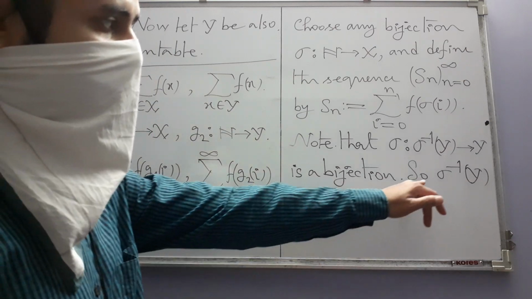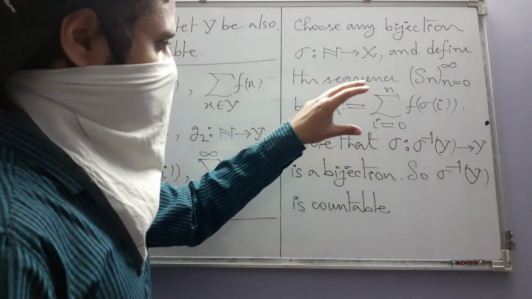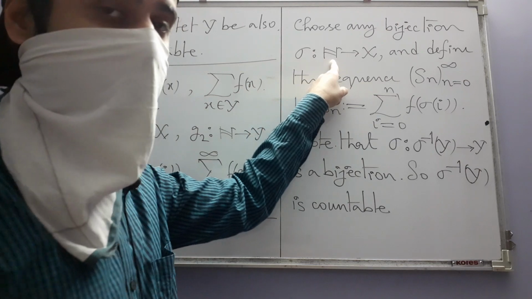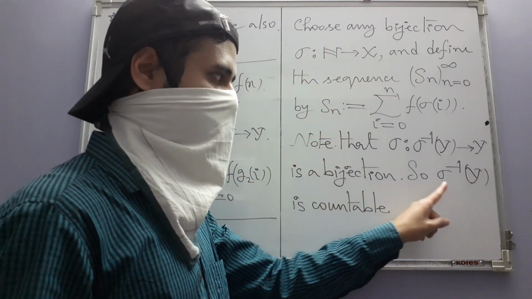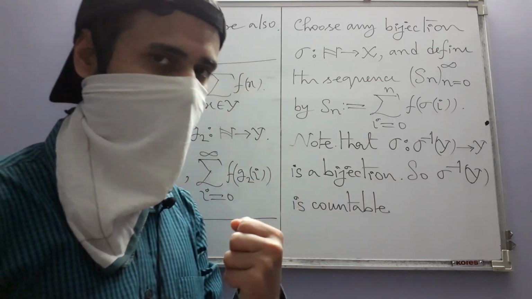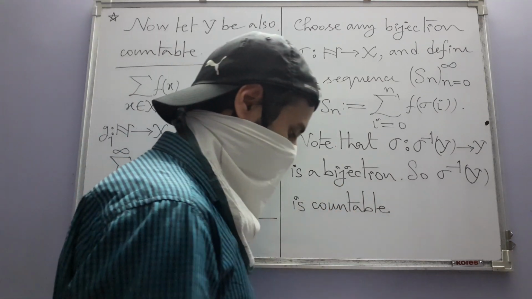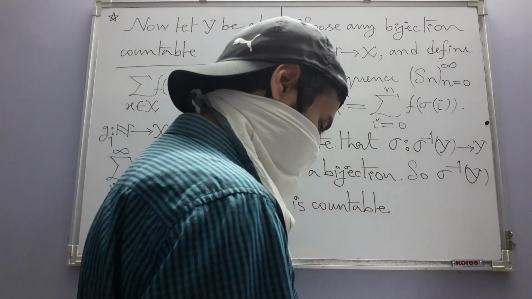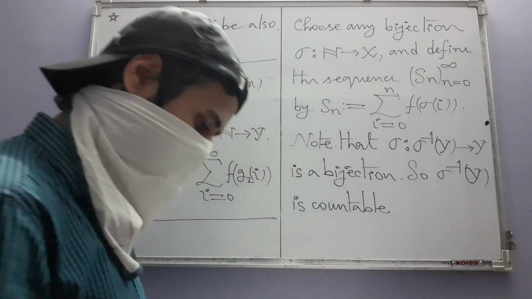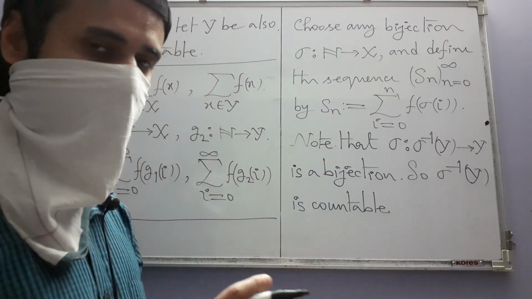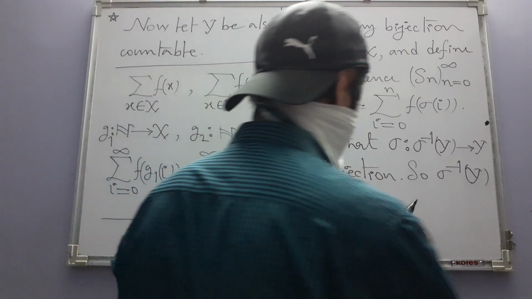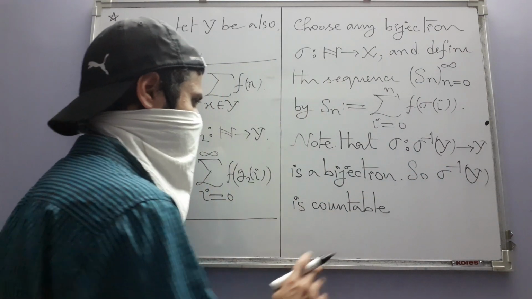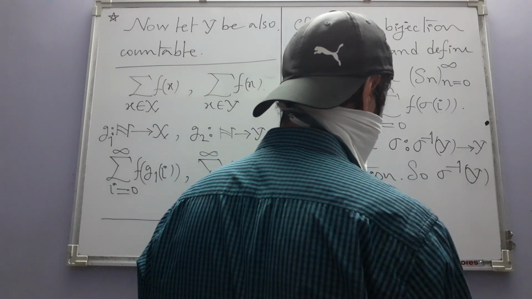But it's not just any countable set, it's a countable subset of the set of natural numbers. And for such sets, we already know something from the part where we discussed finite sets actually.